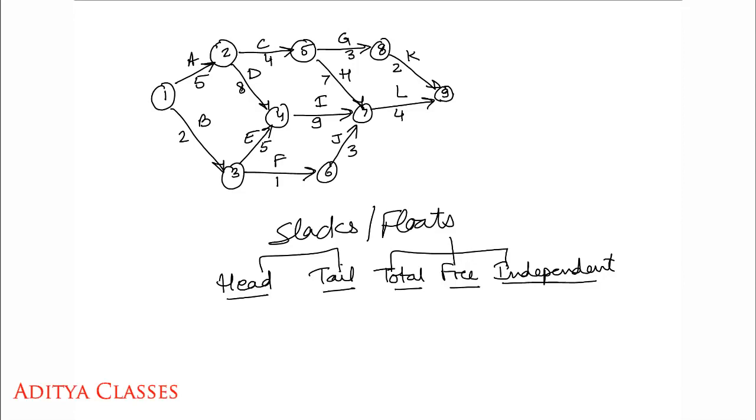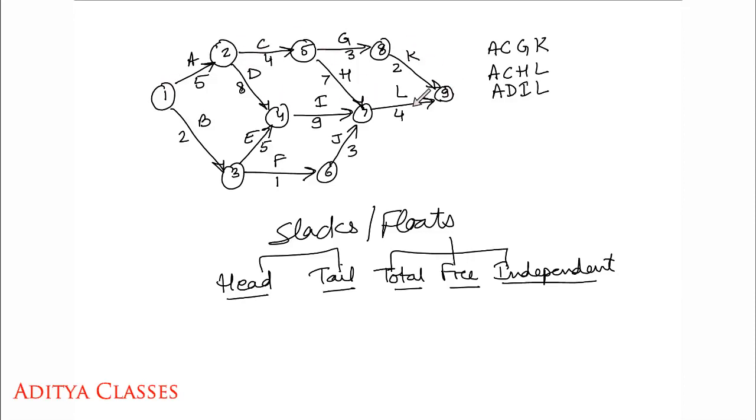Let me make a forward pass and a backward pass on these, and then we'll see. First, let us write all these paths. What were the paths that we identified just now? A, C, G, K. Then A, C, H, L. Then A, D, I, L. Then all paths starting with A are done.